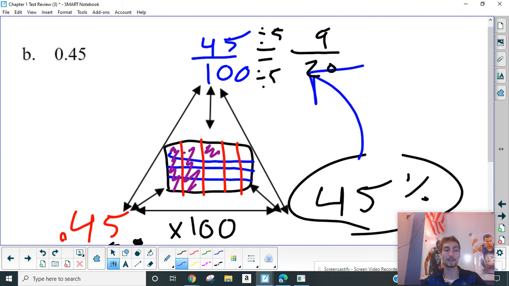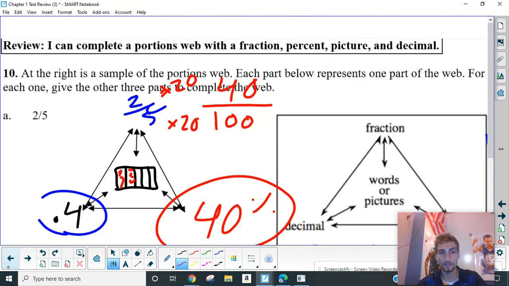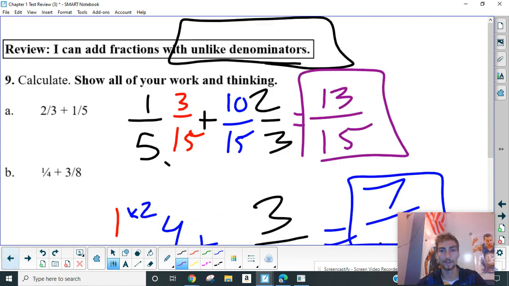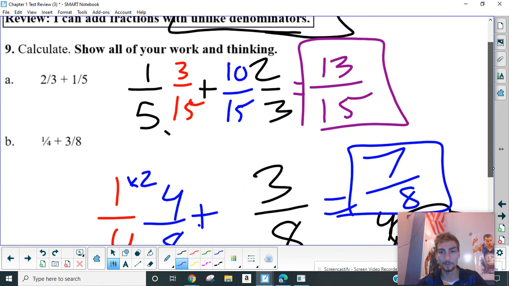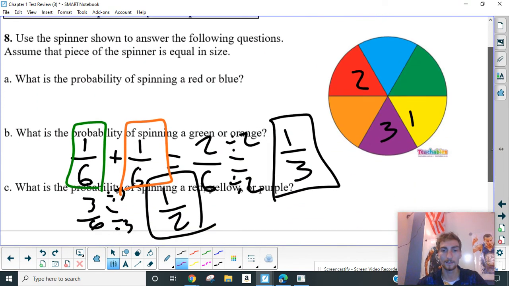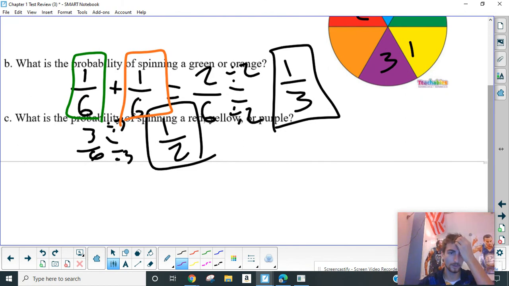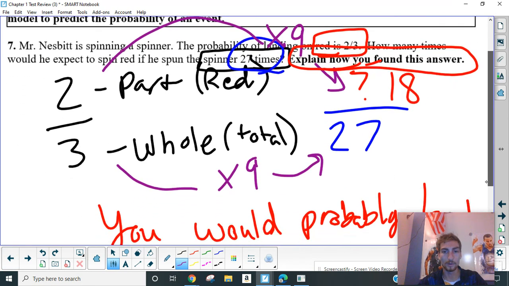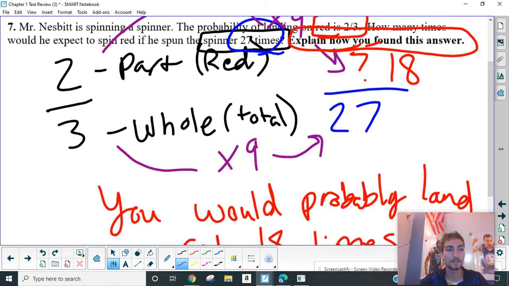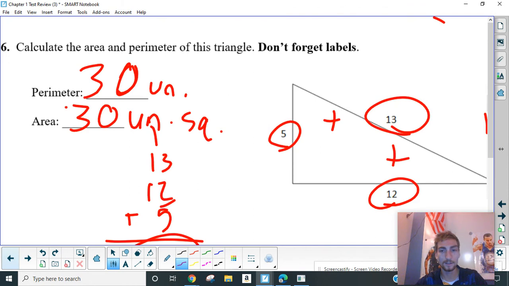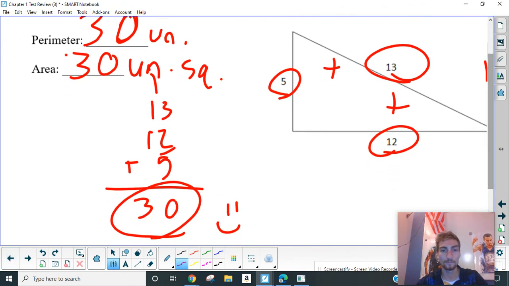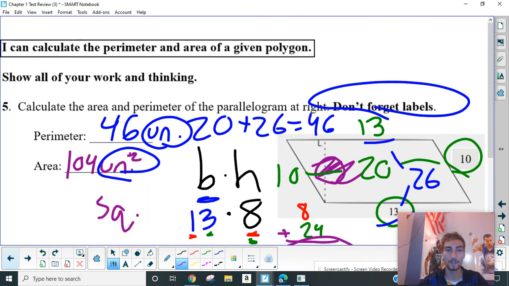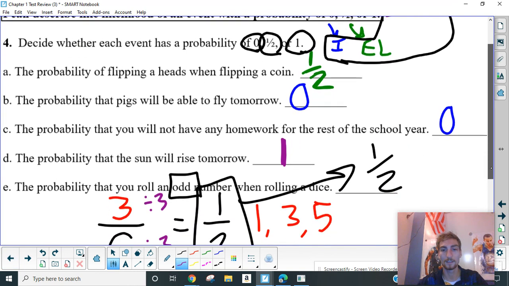But before I end, I am going to check and make sure I answered everything and simplified. Let's see, 13 over 15, 7 over 8, 1 over 3, 1 over 2, parts over whole. This time I wanted to go opposite, so instead of simplifying, I multiplied to make it bigger. I got my units.